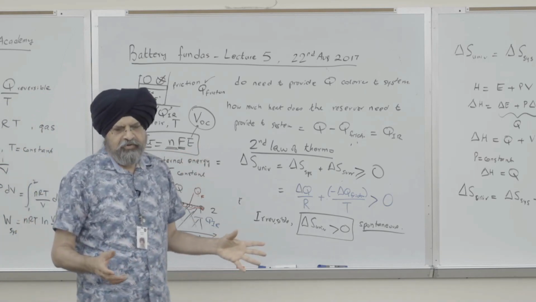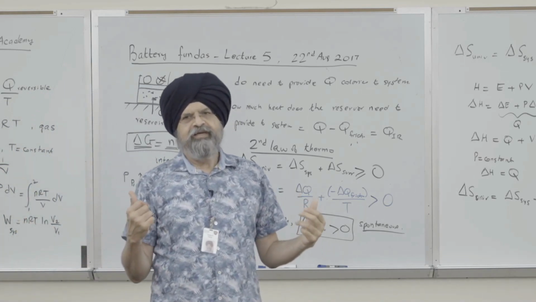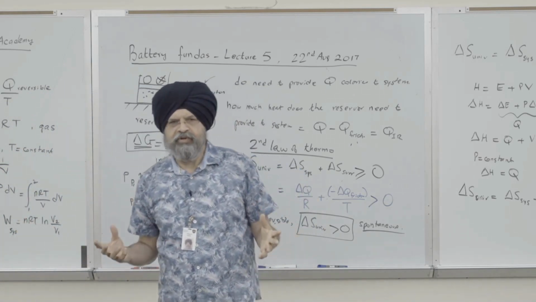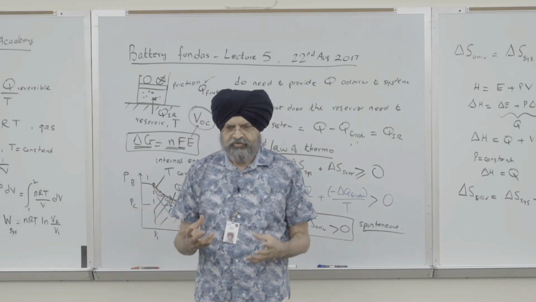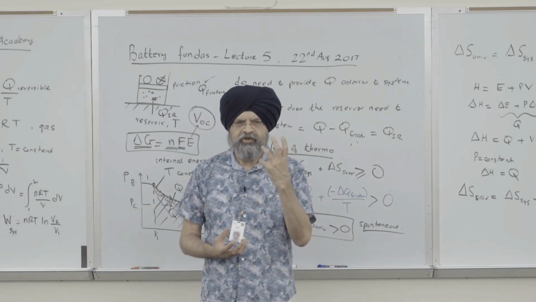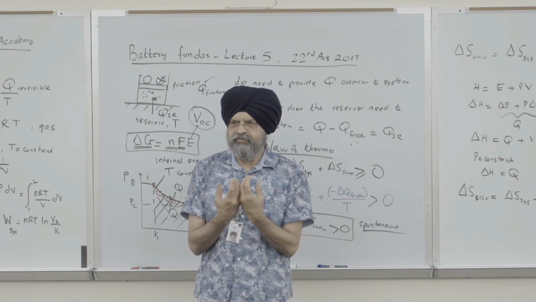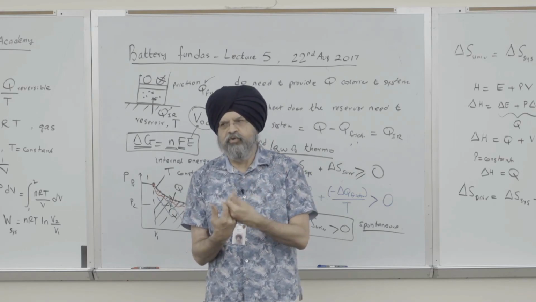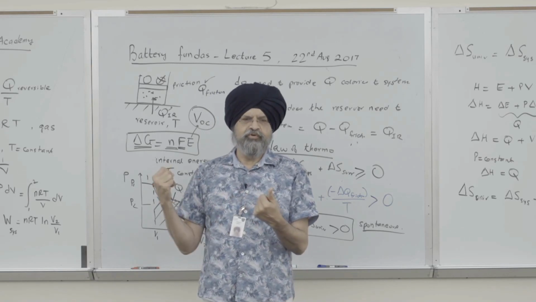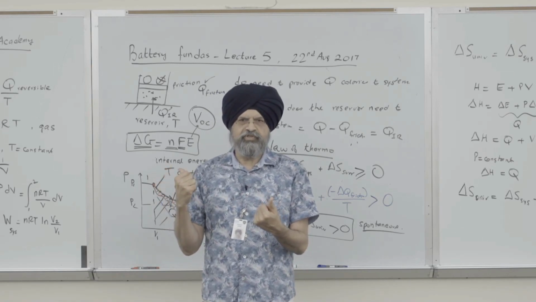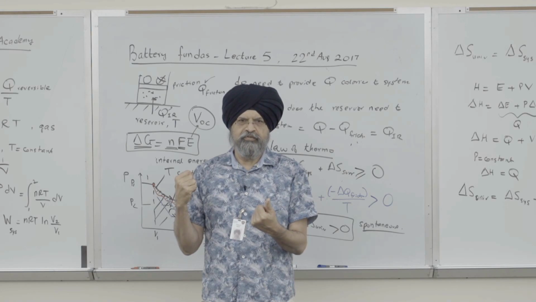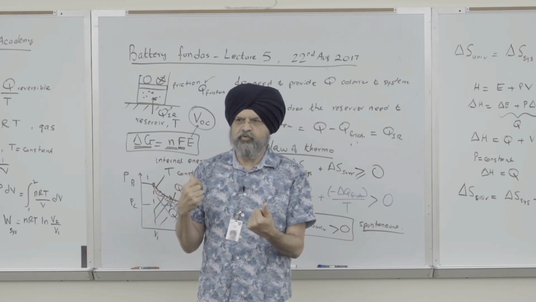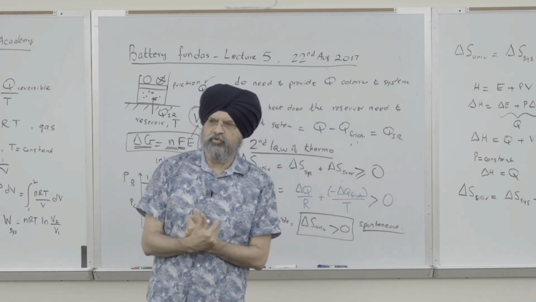So now, what we learned today, you can try out this simple test. So do a thought experiment. You have a hot container and a cold container. Why does heat flow from the hot container to the cold container? You can use the first law and the second law of thermodynamics to prove why heat flows from hot to cold.